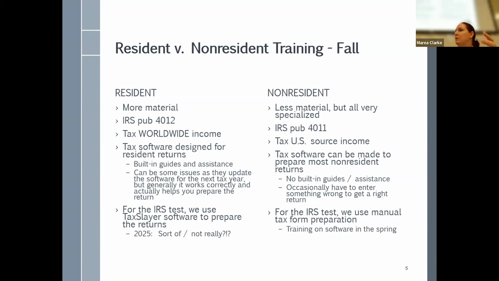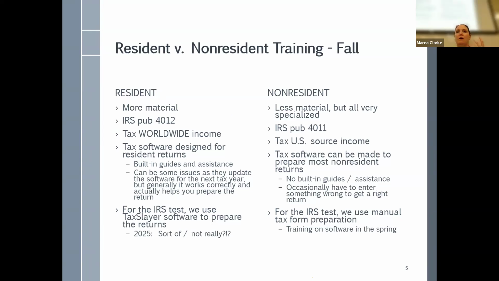So a lot of the publications are not updated. Our 4012 that we use, if I look at some of the numbers in that, those numbers are wrong. The tax software, I believe, is in the process of being updated to be correct, which is good. We want them to use the right numbers for a proper return.